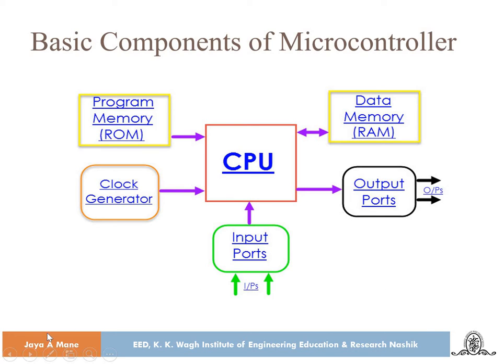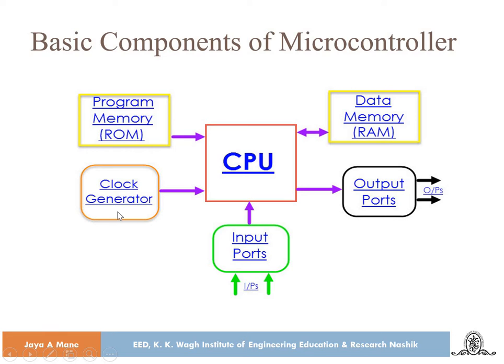The basic components of the microcontroller are the central processing unit, which is the heart of the microcontroller. Along with that, it has a program memory, which we normally call ROM, the read-only memory. There is a data memory, which we call random access memory, that is your RAM. Then there is a clock generator.